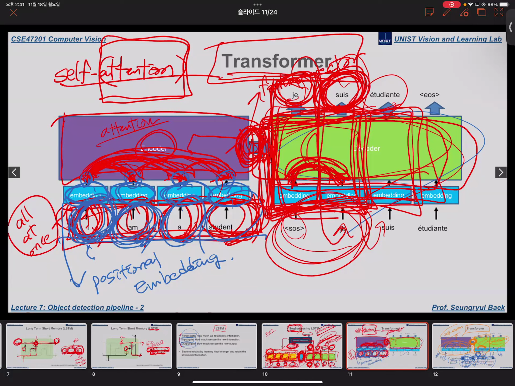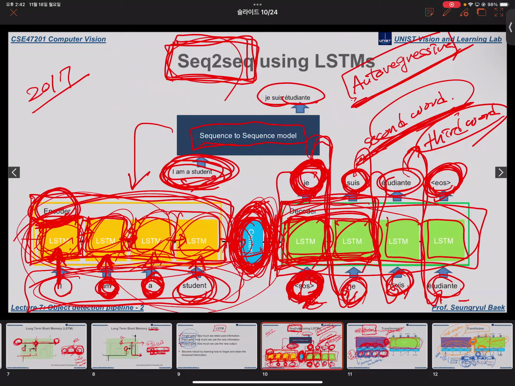So let's say we are given these three inputs, which are autoregressive, then we have to calculate their dense relationship to output the third output. So that's the difference from the LSTM-based one. LSTM still works sequentially.